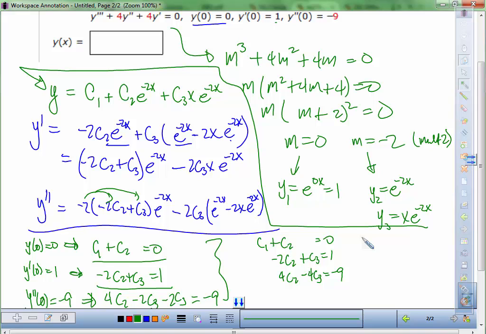So we solve for c1, c2, c3. Can I just use a matrix for this?